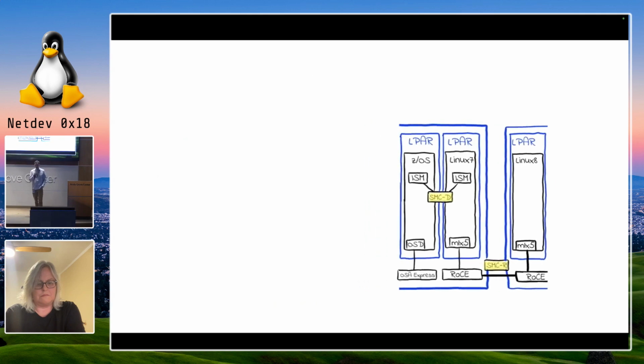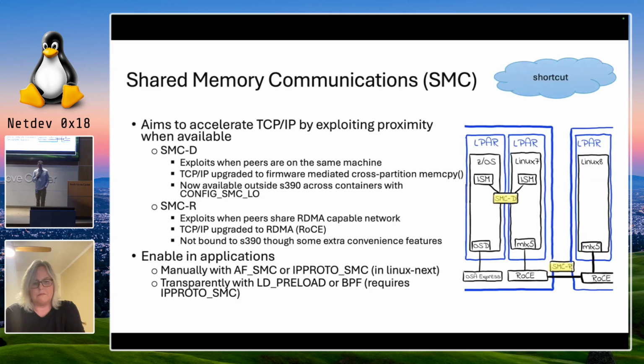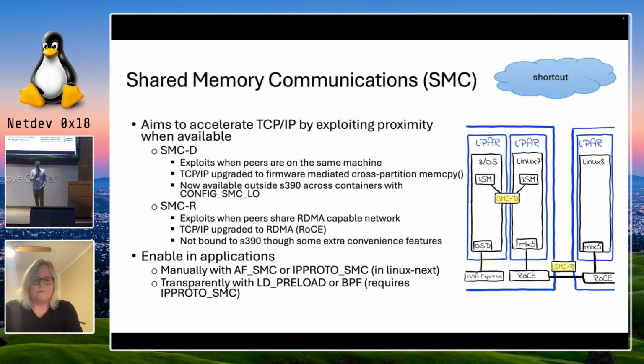As shown here, there are two variants, SMC-D and SMC-R. SMC-R you might know because it is available on other platforms. SMC-D is, I think, less well known, but maybe more interesting because it exploits the fact that when two Linux systems, or a Linux and a z/OS, establish a TCP connection and talk to each other, you can recognize: hey, we're on the same CPU, or on the same chip.